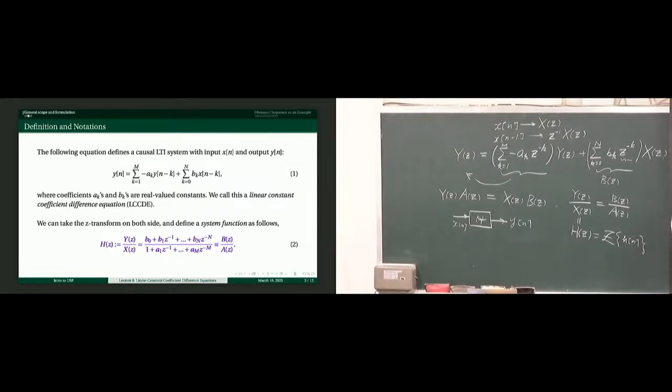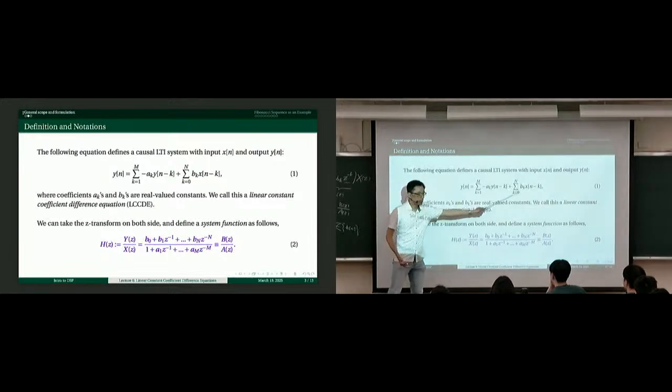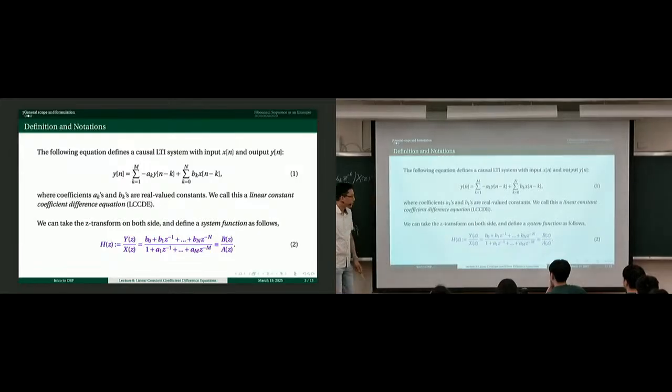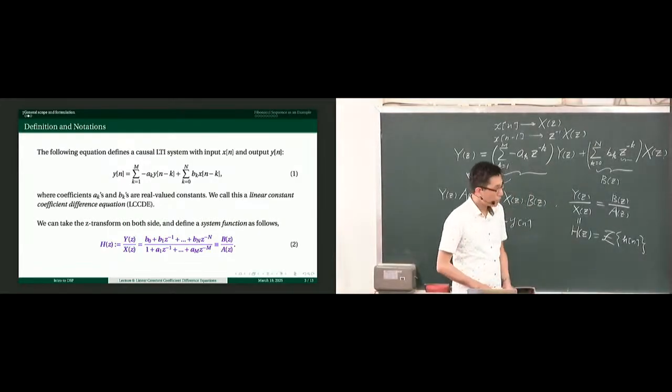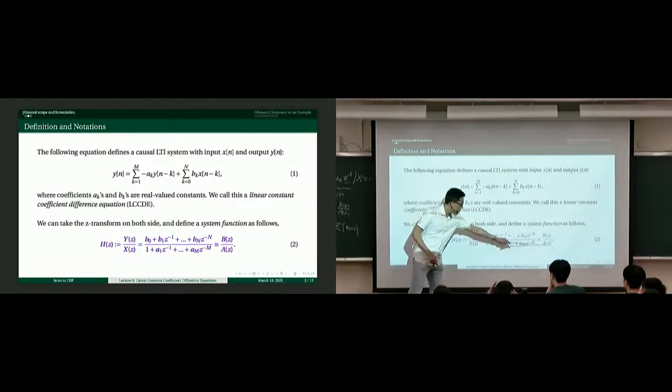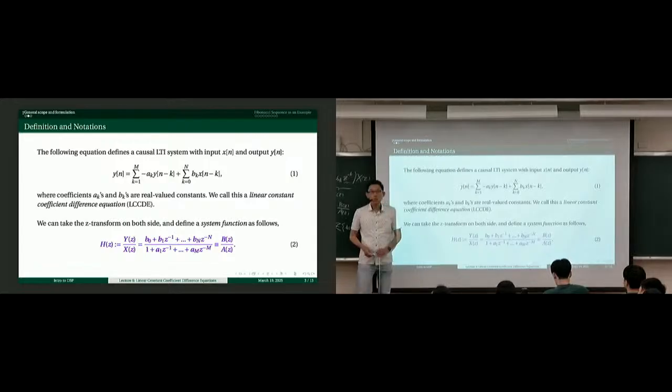When there's feedback, we worry about stability. But B of z does not affect stability, while the coefficients of A of z do. That also explains why, when we analyze stability, we only check the roots of A of z. We don't worry about B of z.